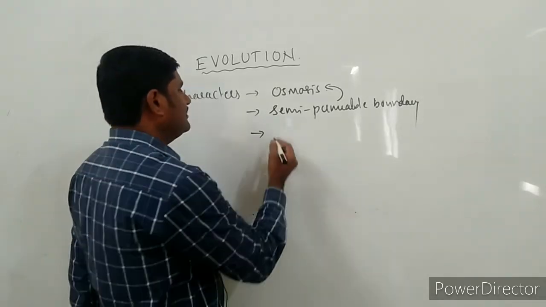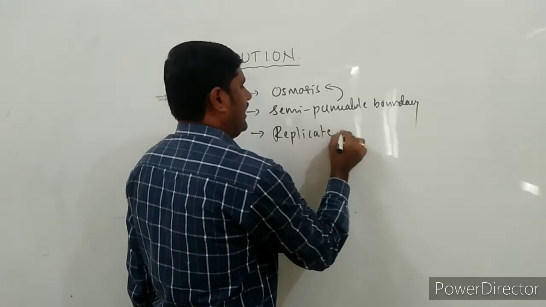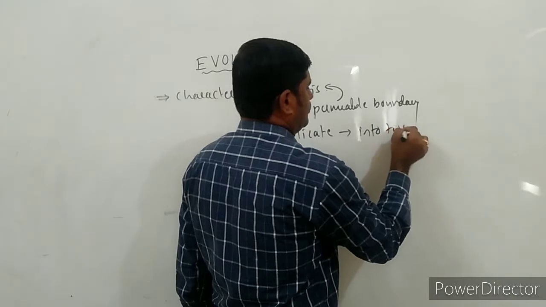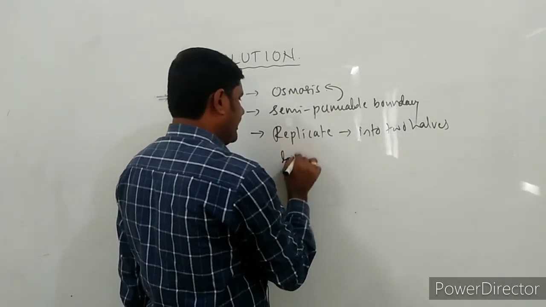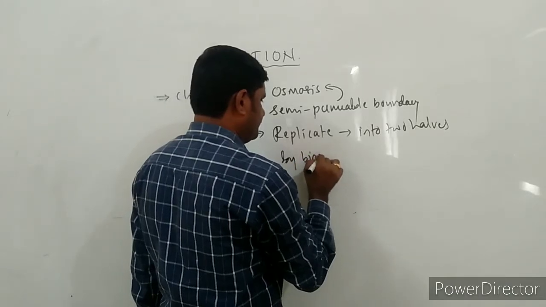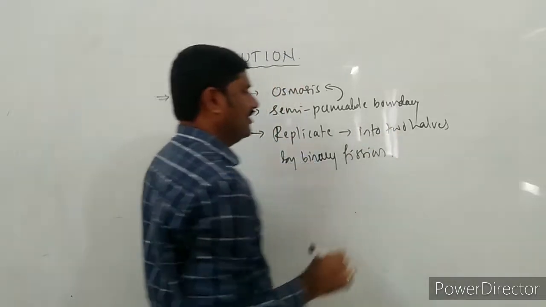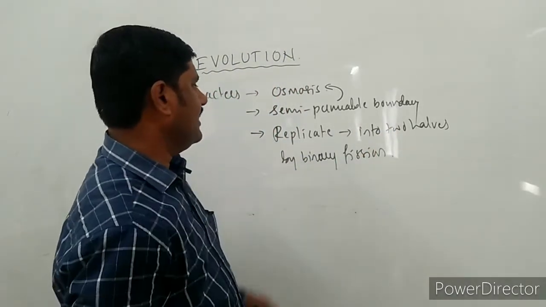That is, they start to replicate themselves into two halves by binary fission. It indicates that it is also one of the characteristic features of all living organisms.